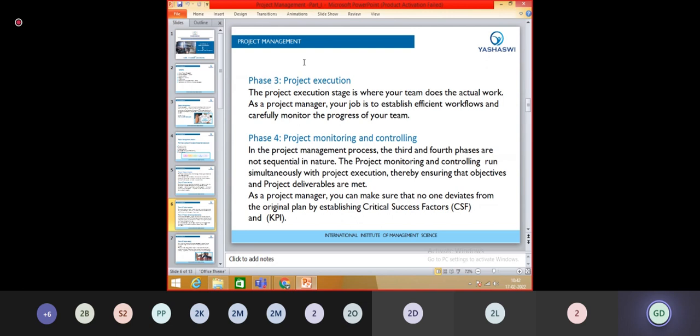As a project manager, you can make sure that no one deviates from the original plans by establishing critical success factors and key performance indicators. If you are preparing a project plan, it should go with the proper project plan, so that no one deviates from the original plans.